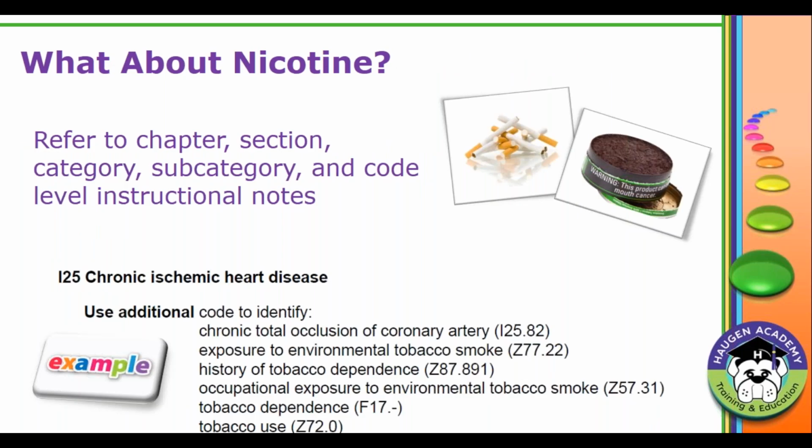So what do you do about tobacco? The problem with nicotine is that the use of nicotine and tobacco products is a risk factor for many conditions. As a matter of fact, at the beginning of the respiratory chapter, at the beginning of your J codes, and before several categories and subcategories in the cardiovascular chapter, the I codes, there is a note to use an additional code to specify the use of either a history of tobacco dependence or tobacco use.